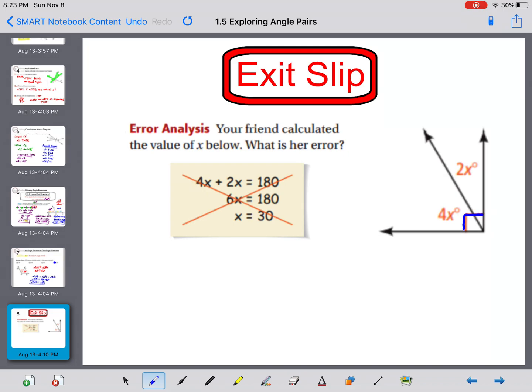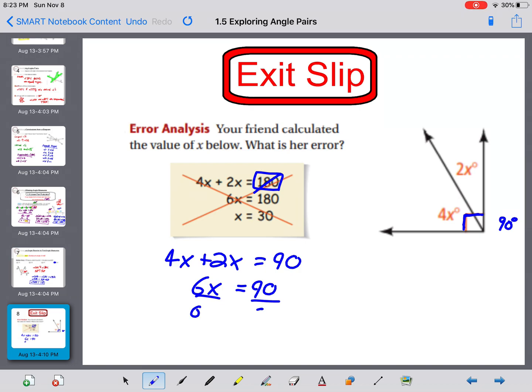Okay, seeing this box in the corner here means that we know this is a 90 degree or a right angle. So this is her mistake. 4x plus 2x should equal 90, not 180. 6x equals 90.